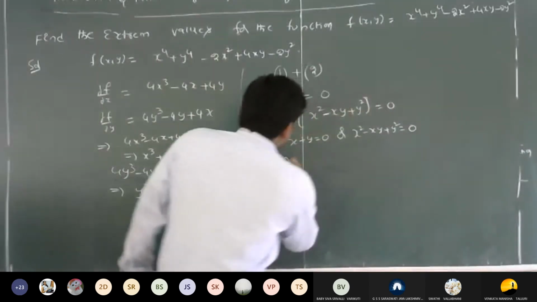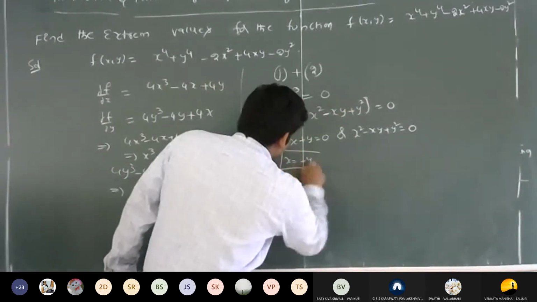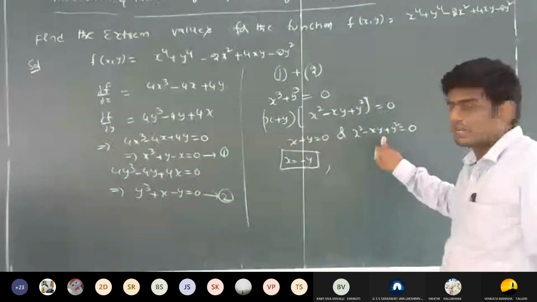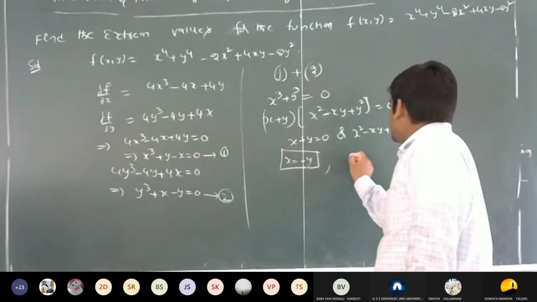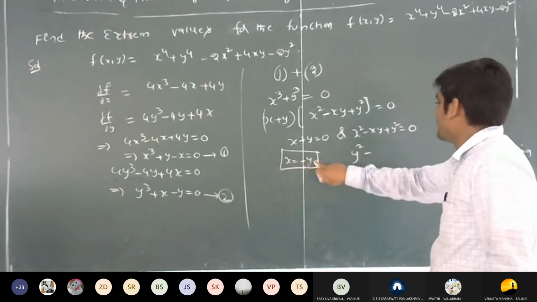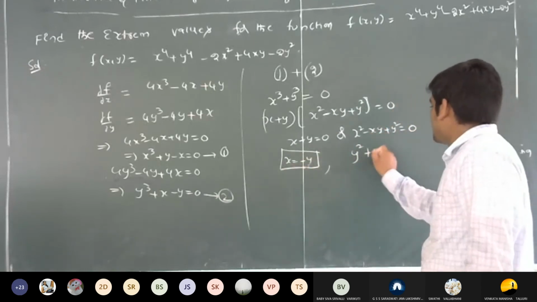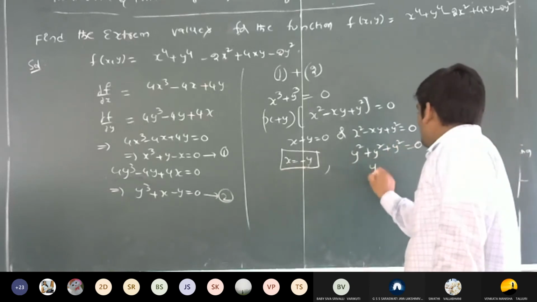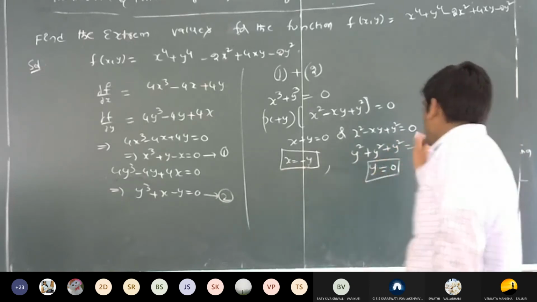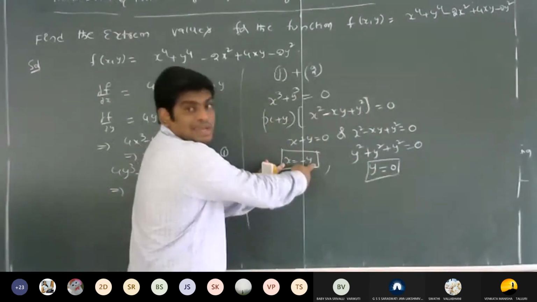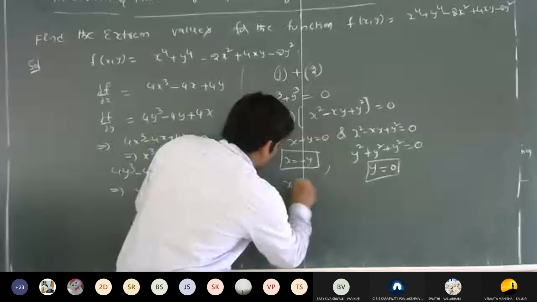So that means x is equal to minus y. Substitute x is equal to minus y in the other factor. It becomes y square plus y square, that is equal to 0. So y is equal to 0, and x is equal to minus 0, so x is equal to 0.